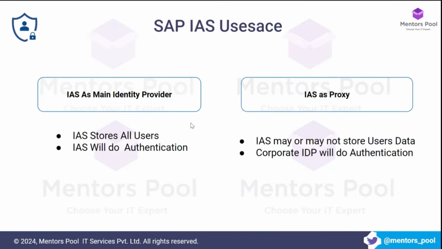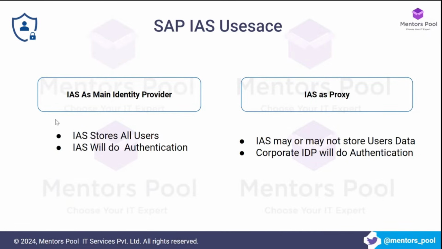But sometimes customers say they already have one identity provider in their landscape, like Google IAM or Microsoft Entra ID, also known as Azure AD, so you are giving one more identity provider. That is where this use case came into the picture. You can use IAS as a standalone identity provider if you don't already have any identity provider in your landscape.